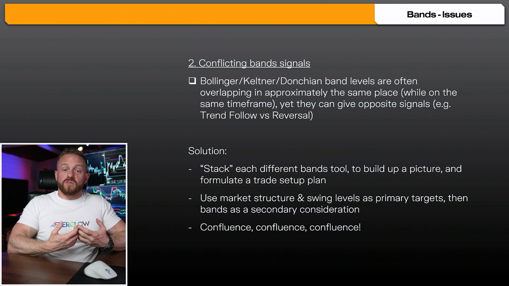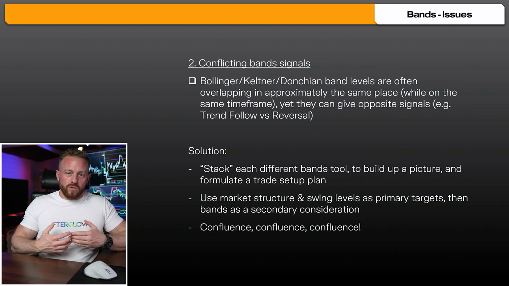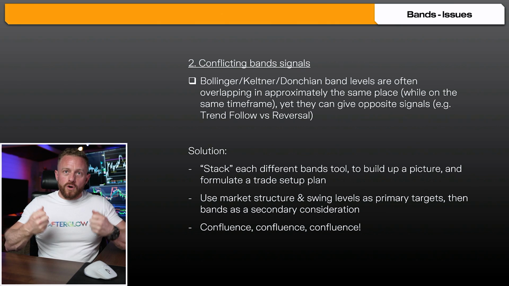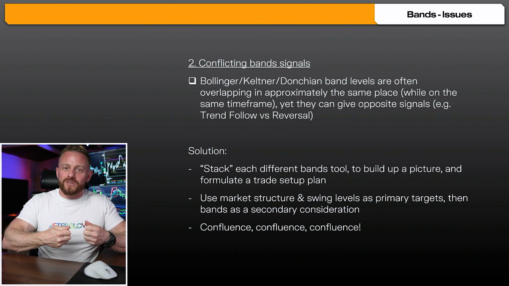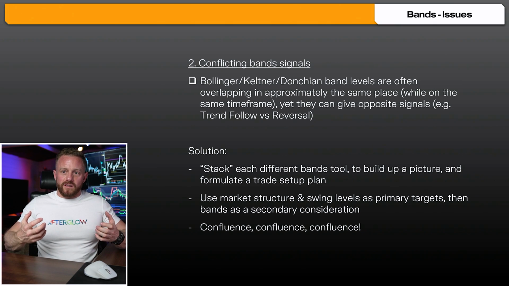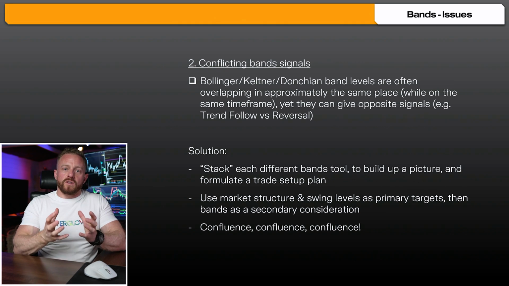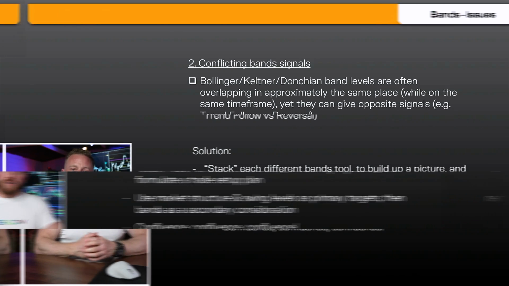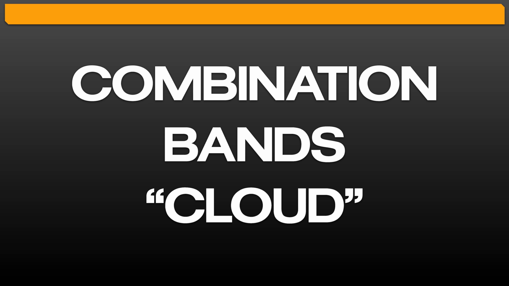And that brings us to confluence. As with all these tools, you've got to build confluence between multiple indicators, multiple factors, and build that picture together. So there you go.